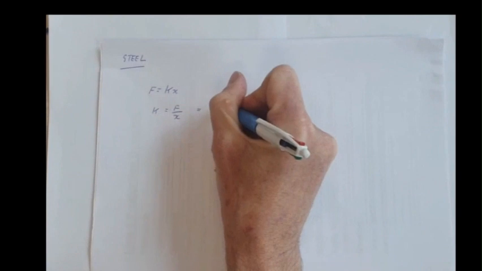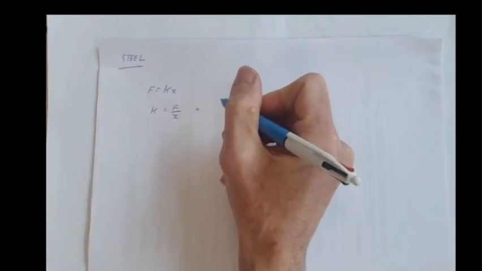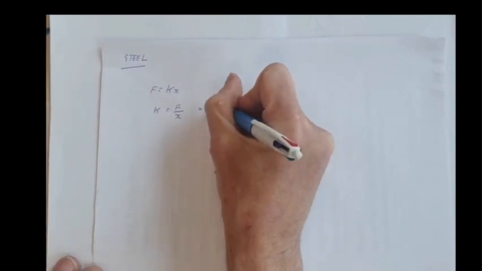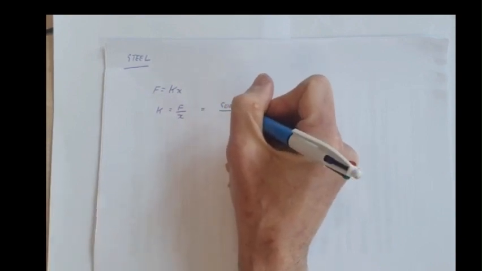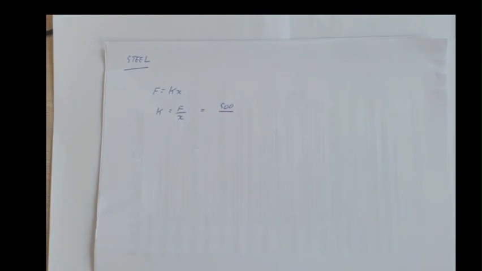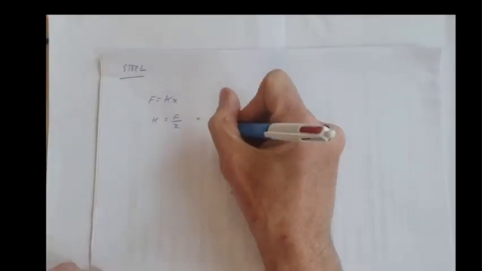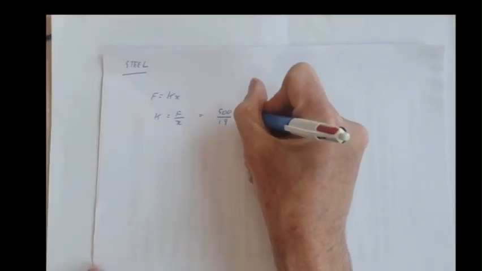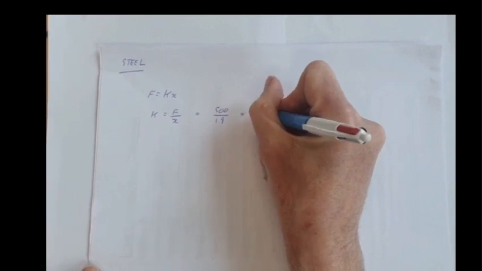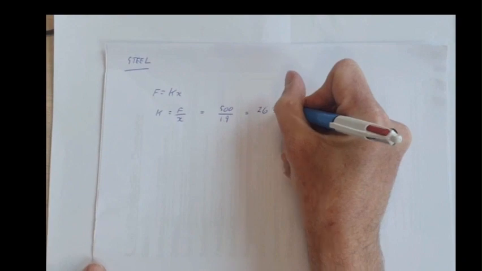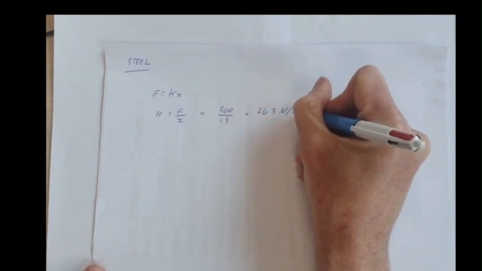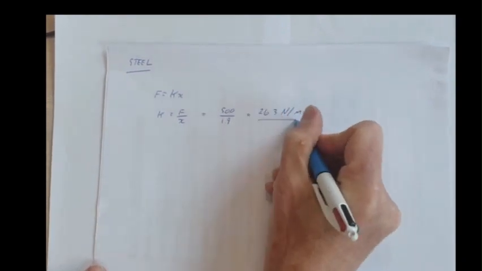Our force is 500 newtons, and our displacement is 1.9 millimeters. So 500 divided by 1.9 gives us 263 newtons per millimeter. Okay, that's the stiffness.